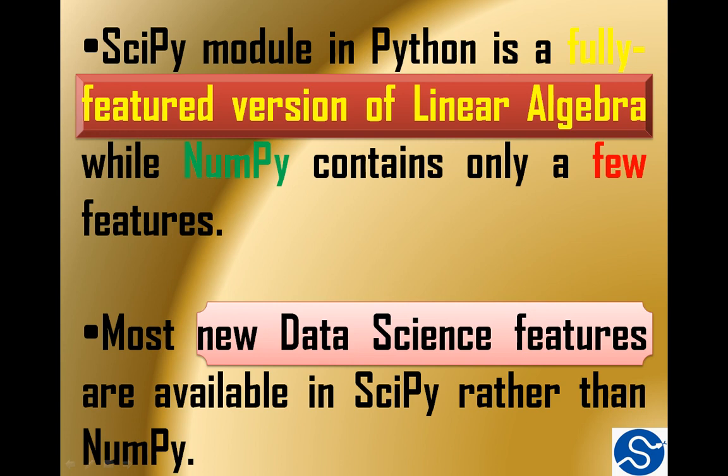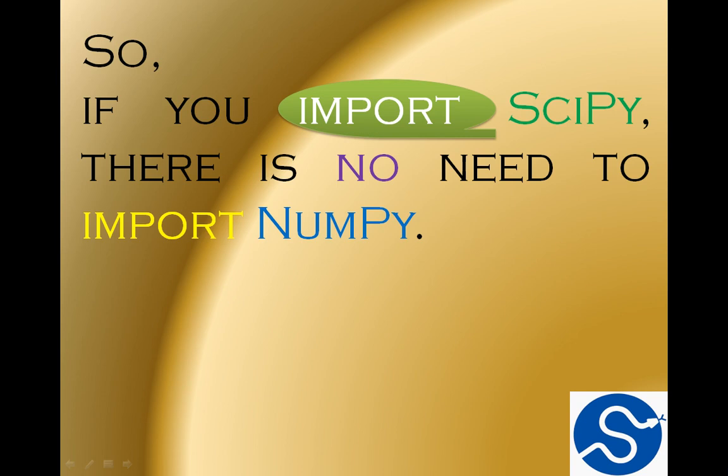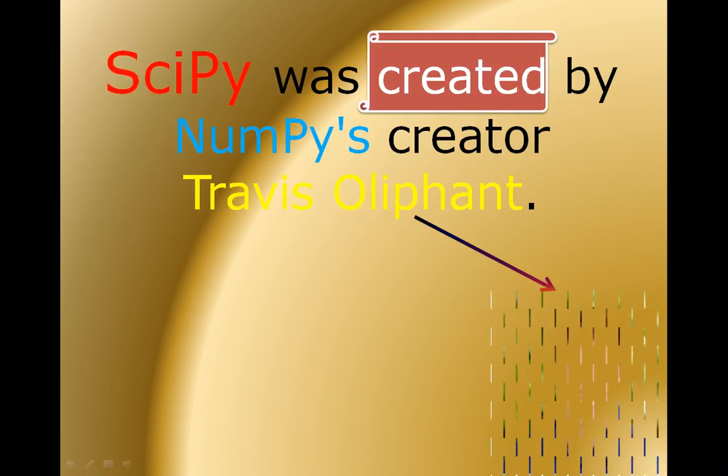That's why we require SciPy. Most new data science features are now available in SciPy rather than in NumPy. And the important thing is that SciPy is built on the Python NumPy extension. So if you import SciPy, then there is no need to import NumPy.